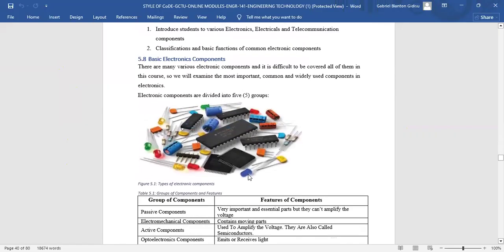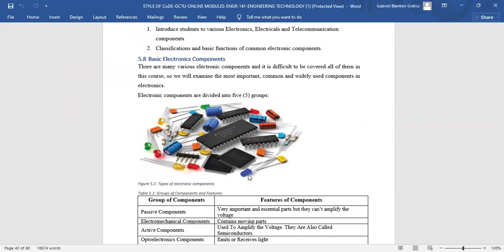Okay, so basic electronic components. Basically, electronic components are classified into two. We have active components and then passive components. So we are going to see them.